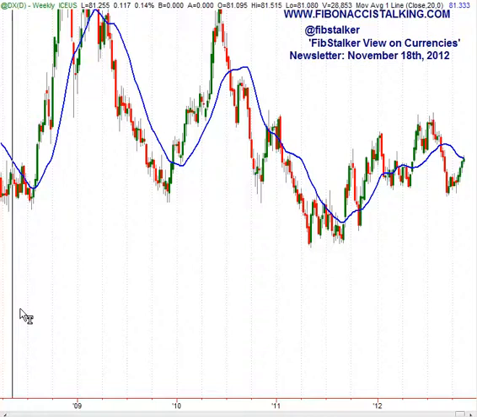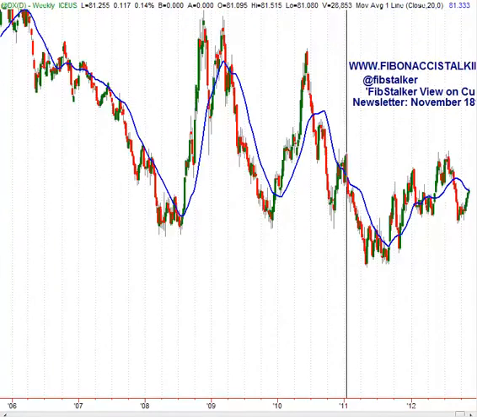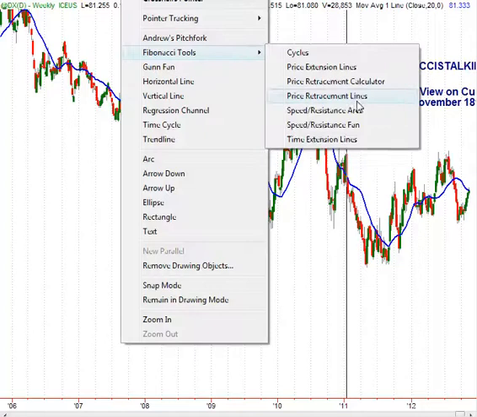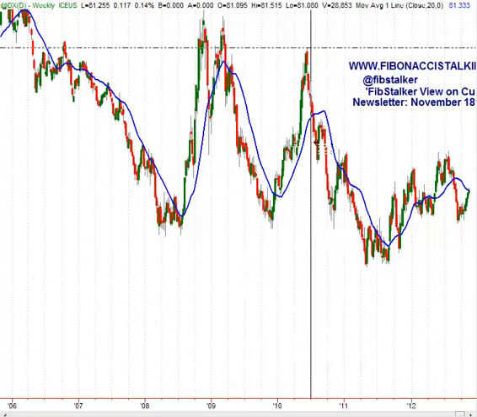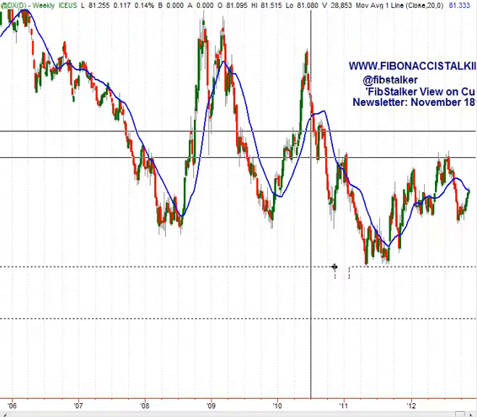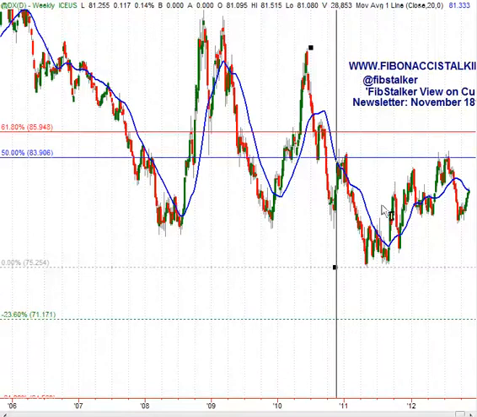Let's start with the dollar index. What you see on the screen is the weekly chart of the DX continuous contract aligned to the December expiration. I want to show you a couple of things. First of all, the resistance we had in mid 2012, which is the 83.90 level.